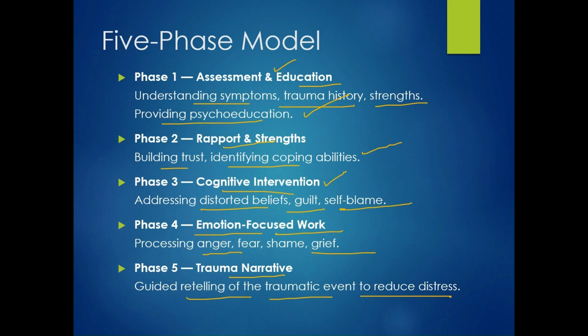Third, they provide cognitive intervention, where cognitive intervention means working with the distorted beliefs, guilt, and self blame. Then there is emotion focused work, where the survivor is helped to process anger, fear, shame, and grief. And finally, trauma narrative, where there is a guided retelling of the traumatic event to reduce the distress. So this is the 5-phase model of treating a survivor.